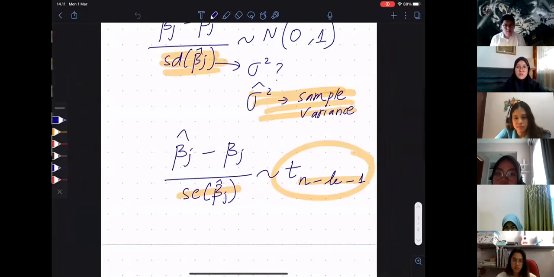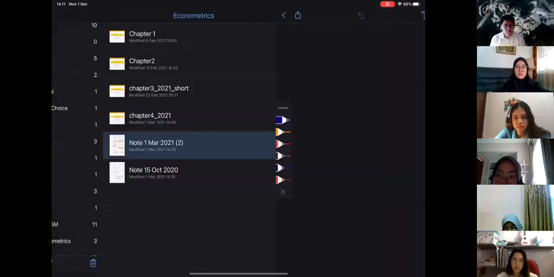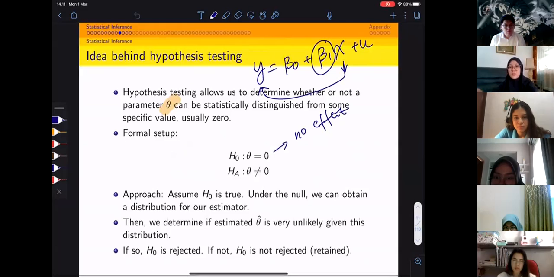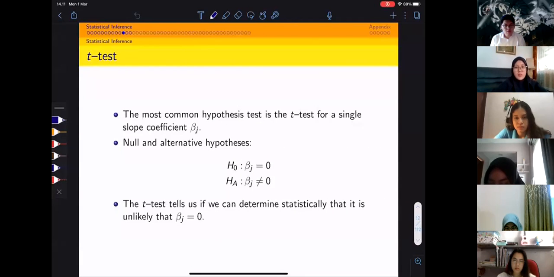Going back to the slide, I'm going to provide you with a follow-up discussion. The most common hypothesis test is the t-test for a single slope coefficient, beta hat j. We're interested in whether or not we get a non-zero return to education.